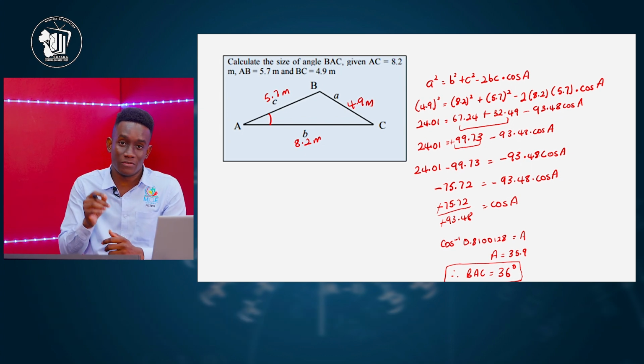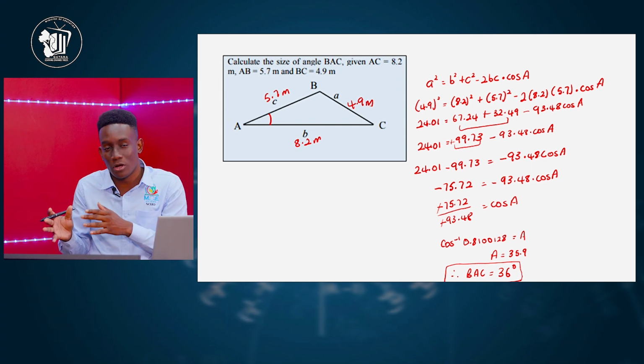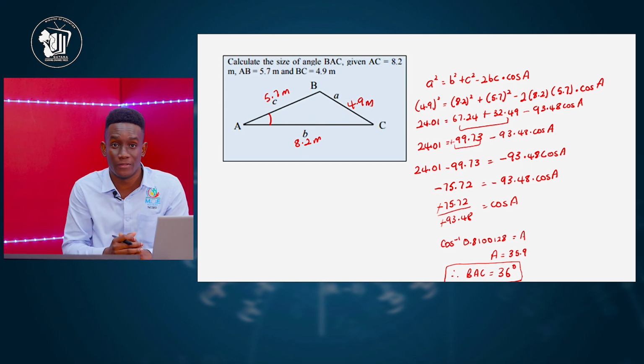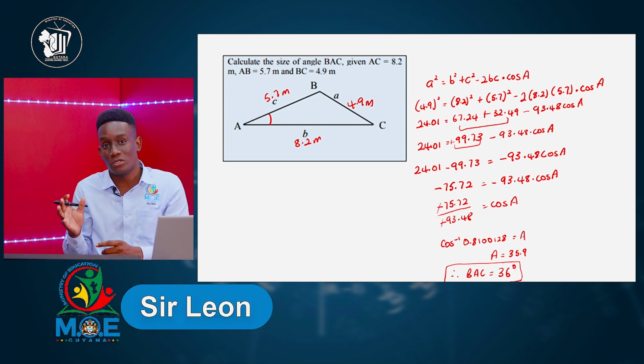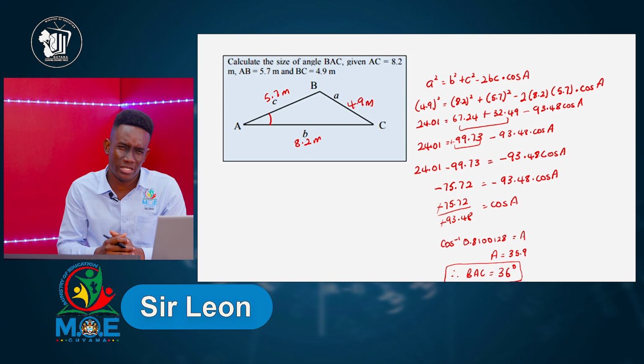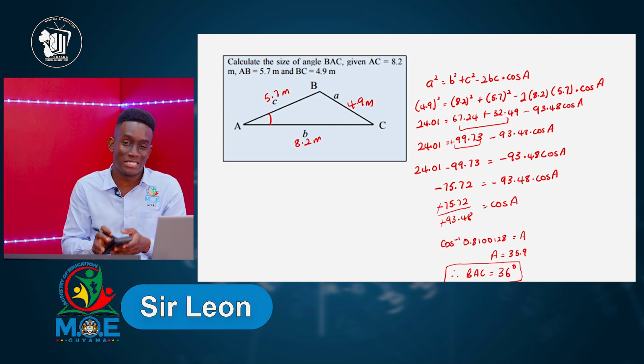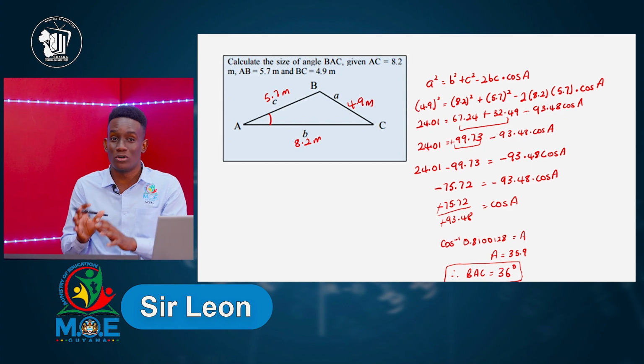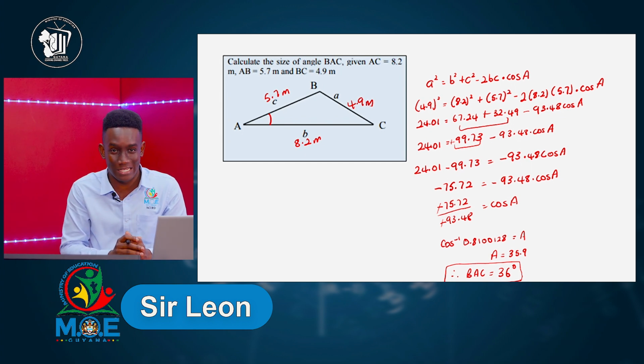But in case of different letters, you just adjust the formula to suit the letters that you are given. And then we do the same thing when we want to find for an angle. Make sure the angle that you want to find, the corresponding side, is the subject of the formula. And then you just work out, and then it's just to do some transposition and you find for the angle. Remember, you need to have your calculator to answer these kind of questions, because you'll have to find cos inverse and cos and sine and so on of different numbers.